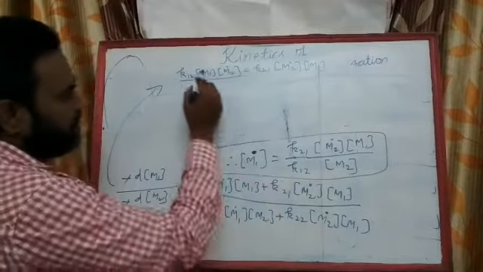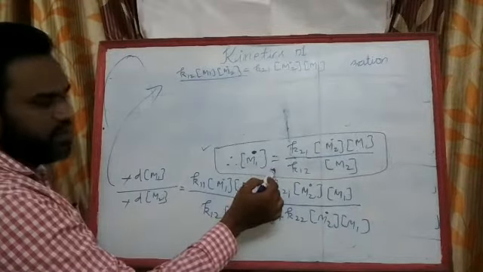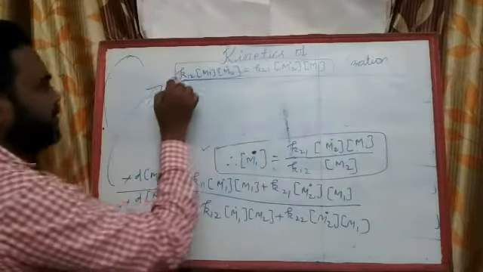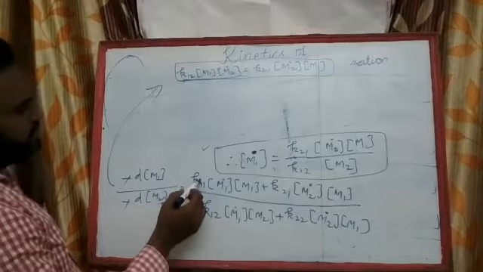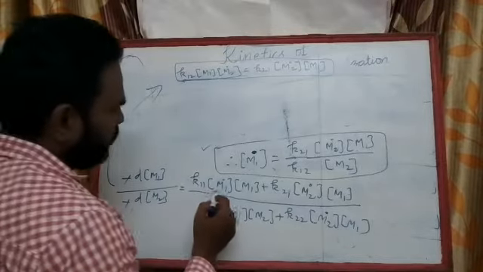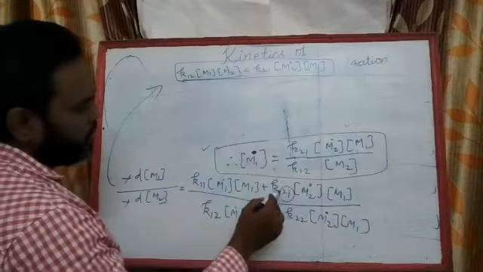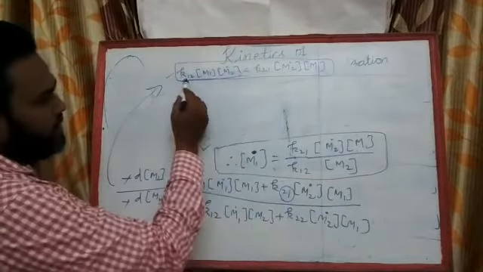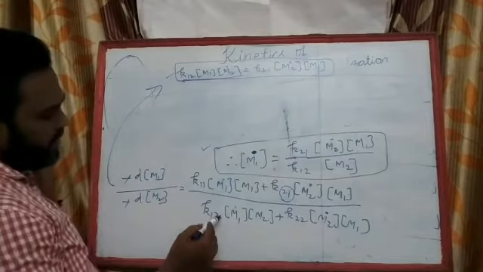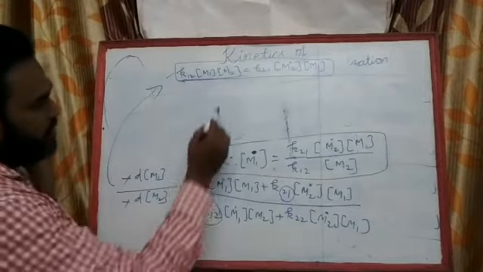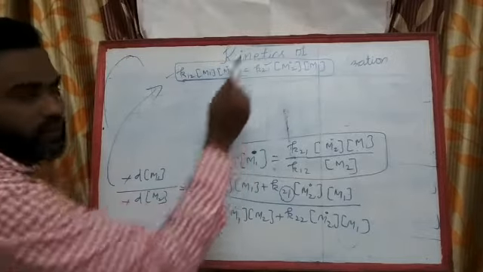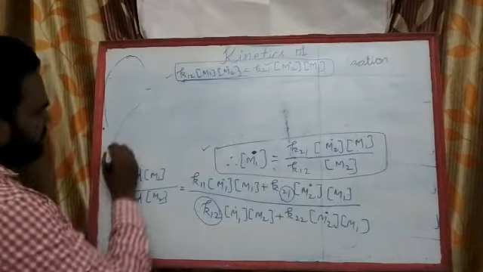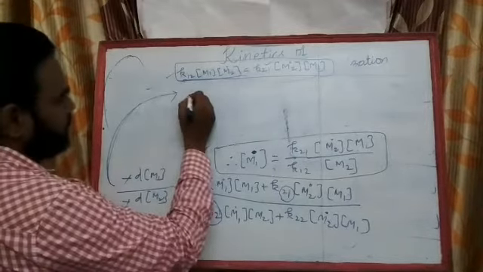From this I have derived this equation; you have to refer to the previous step. So in place of K21, I can substitute K12, and in place of K12, I can substitute K21. I'm going to change this equation this way.